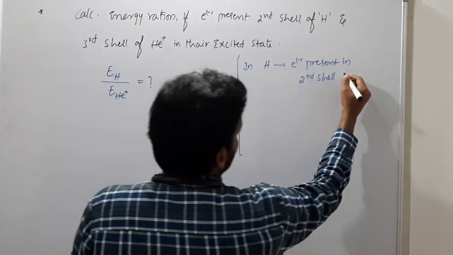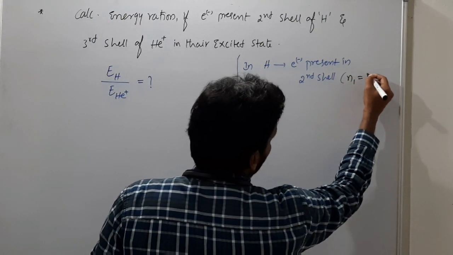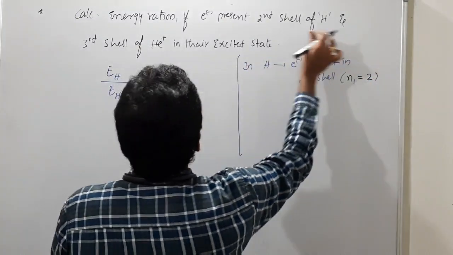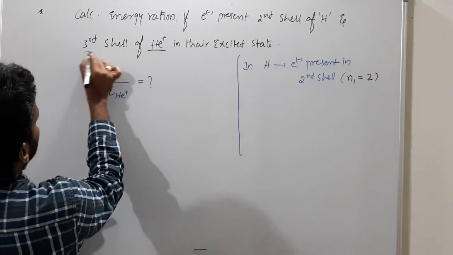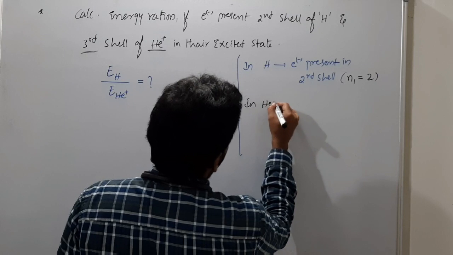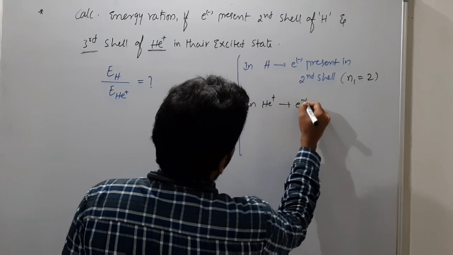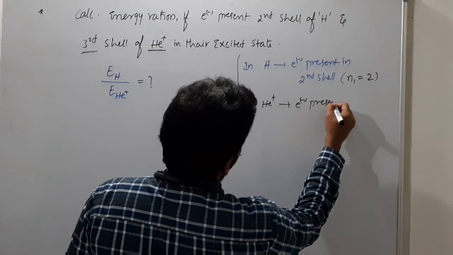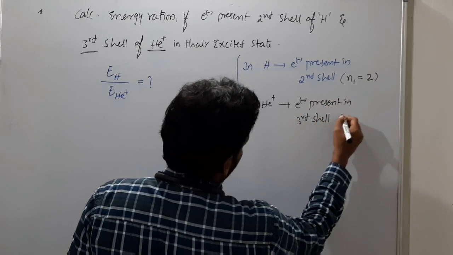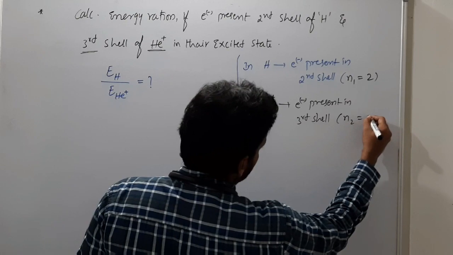That means here you can say n1 is 2. And for He plus, the electron is present in the third shell. So in He plus, the particular electron is present in the third shell actually. So n2 is 3 here.